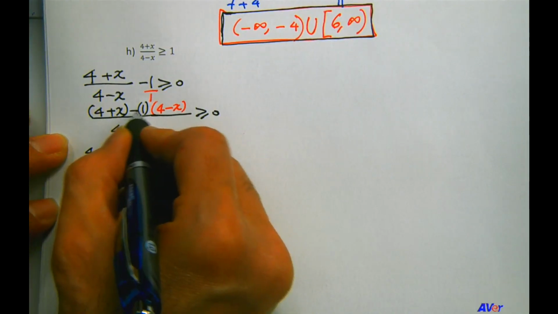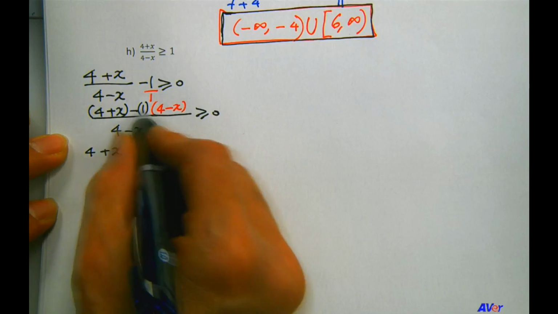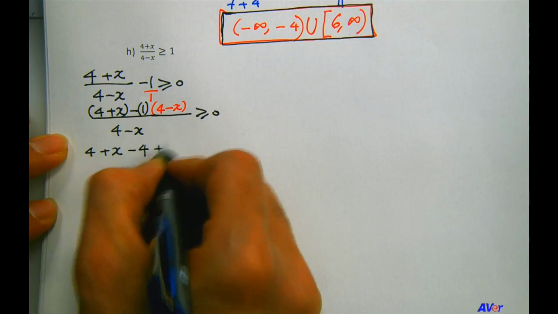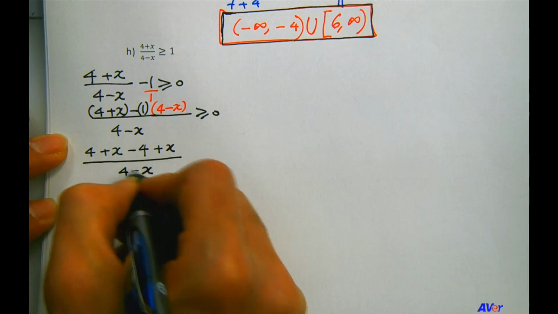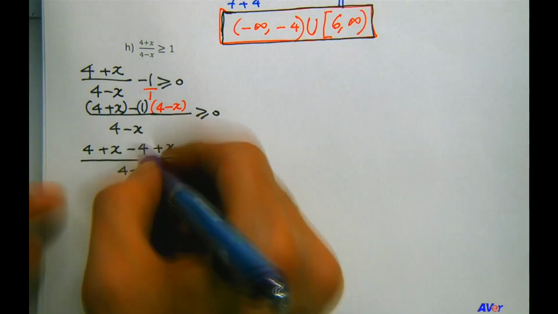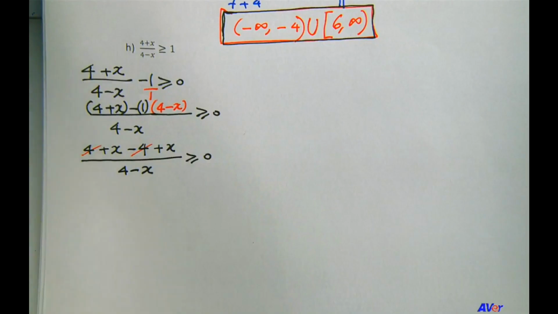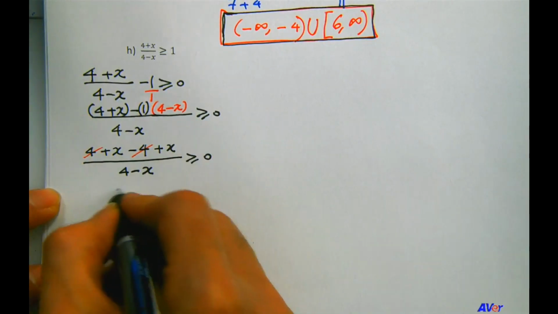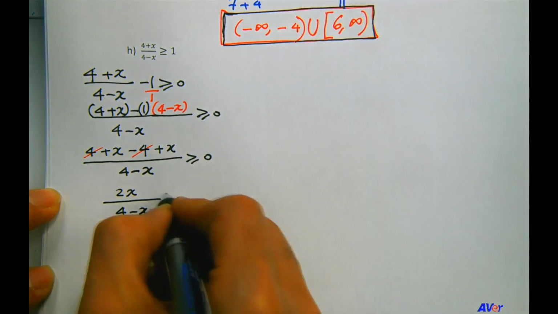We have a minus 1 to distribute into these two terms. Minus 1 times 4, minus 4. Minus 1 times minus x, plus x, divided by 4 minus x, greater than or equal to 0. Okay, so we have minus 4 and 4 cancel out. We end up with 2x divided by 4 minus x greater than or equal to 0.